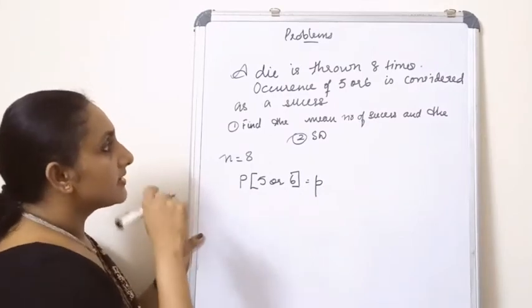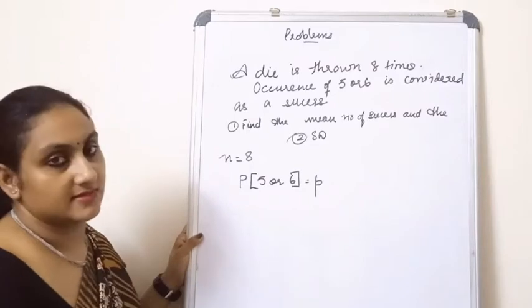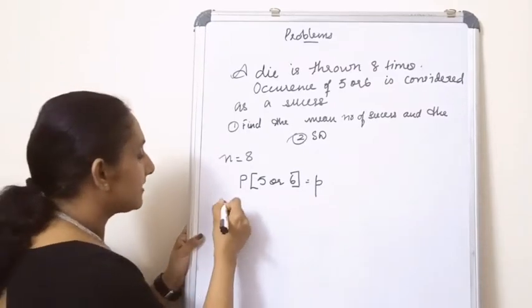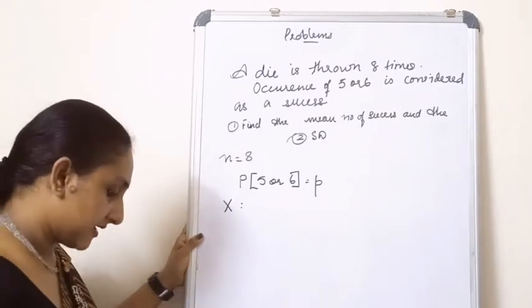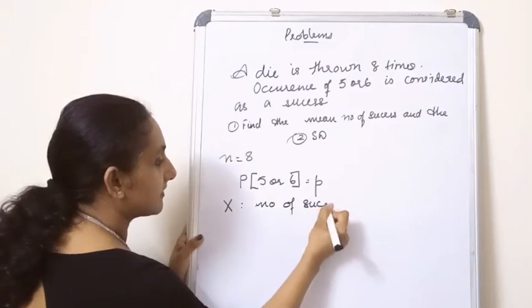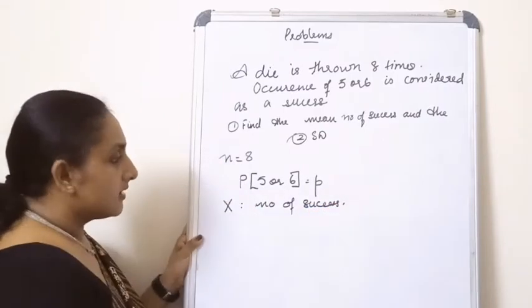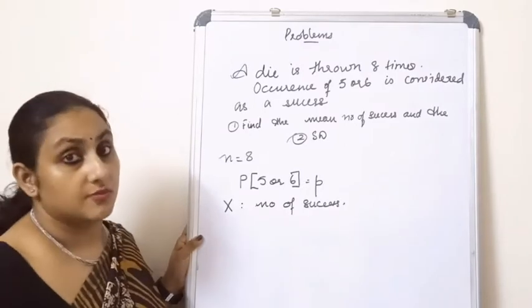You are asked to find the mean number of successes, so let's define a random variable x, which is nothing but the number of success. These are the pieces of information we got from our question.